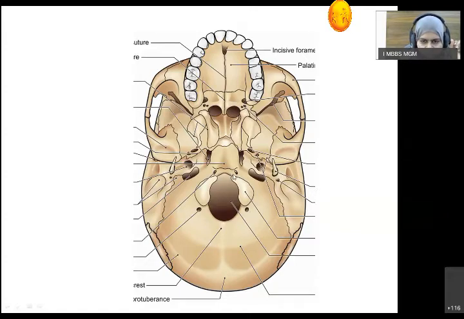Anterosuperior to it, there is a foramen known as the hypoglossal canal or anterior condylar foramen, and posteriorly there is the posterior condylar foramen, which may or may not be present. The anterior condylar foramen gives passage to the hypoglossal nerve, and the posterior one, if present, gives passage to an emissary vein, which opens into the sigmoid sinus. So that is about the medial portion.